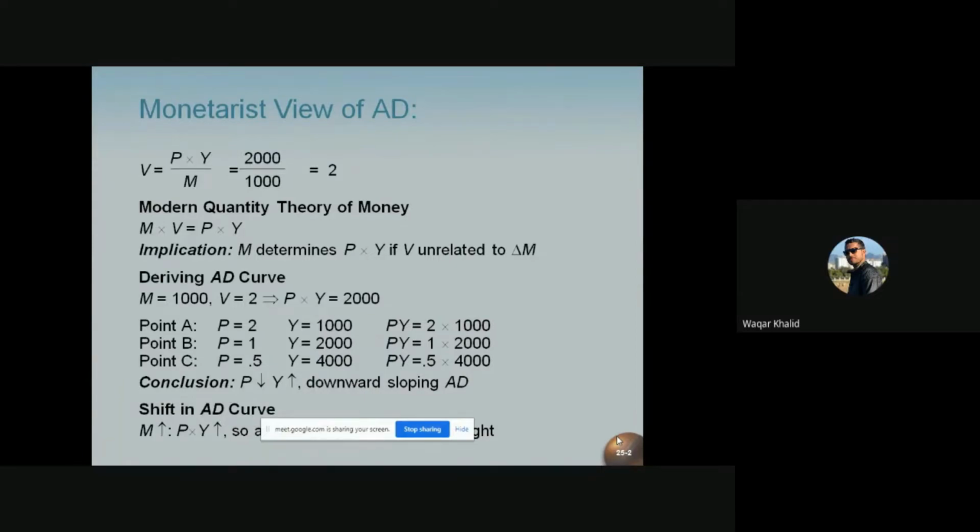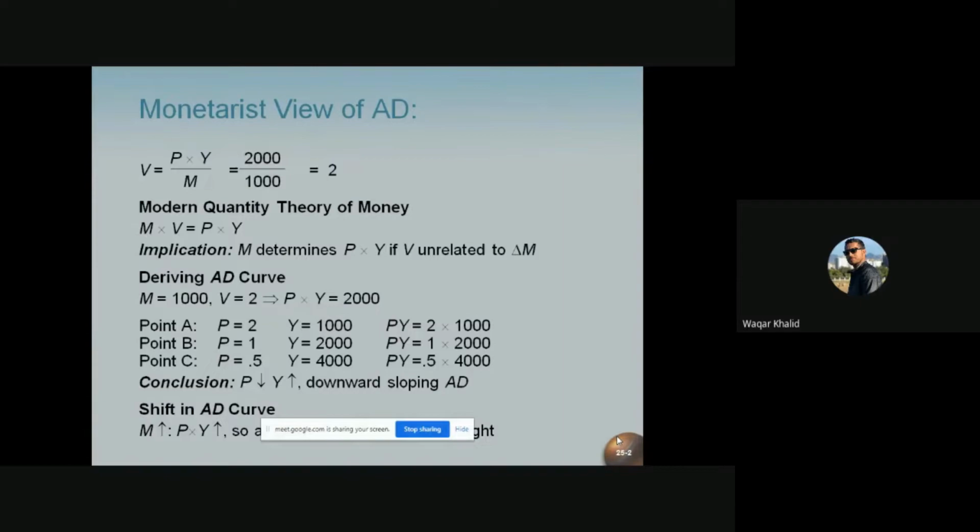It only represents the relationship between aggregate output demanded and the price level. So we will show how an increase or decrease in the price level affects the aggregate output demanded in that economy, with the help of the aggregate demand curve.